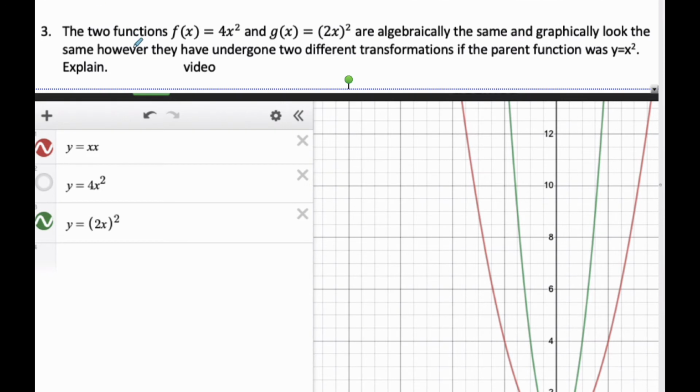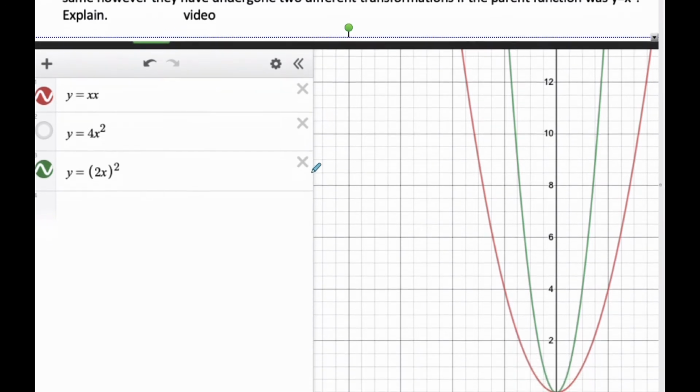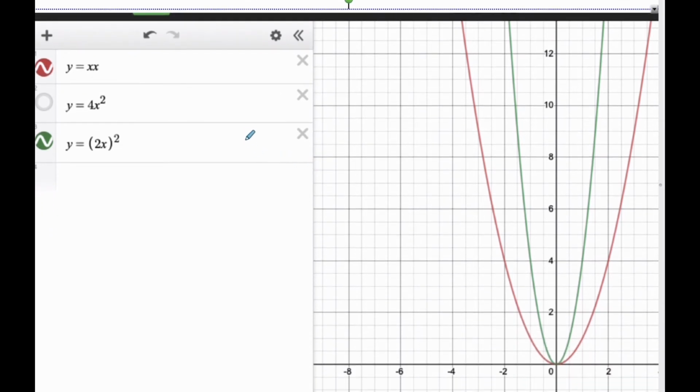Whereas if I do the horizontal stretch, my original curve at 1, 1, here's 1, 1.